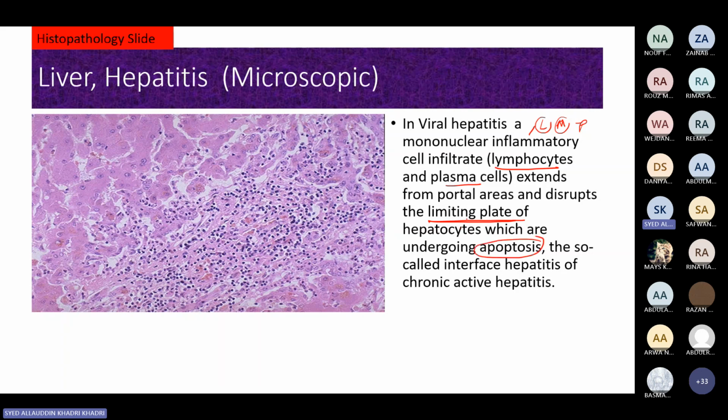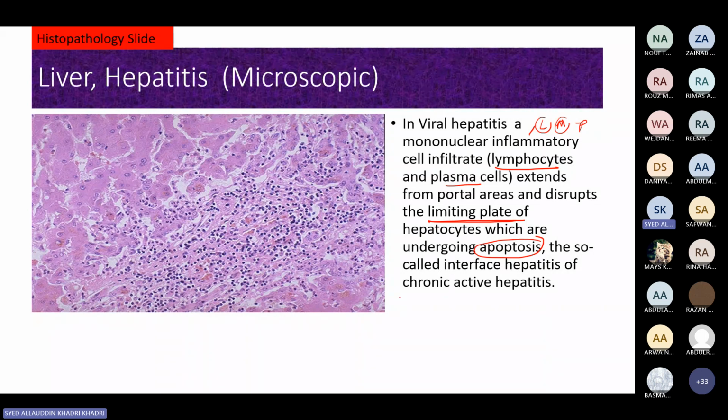Apoptosis is programmed cell death where individual hepatocytes are being eaten up, meaning they're dying, without much surrounding inflammation, but they pick up the inflammation, causing the cell death individually. This is the so-called interface hepatitis in chronic active hepatitis.